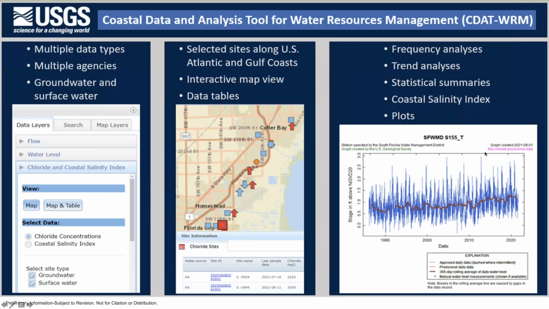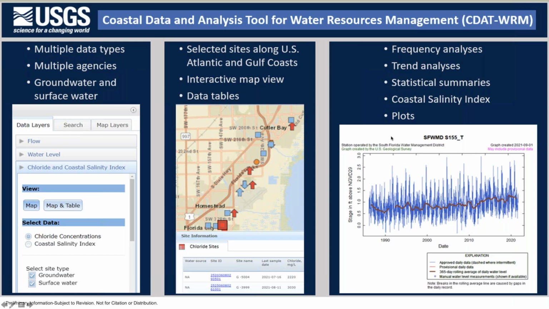So here's a quick overview of the Coastal Data and Analysis tool for water resources management. This is a new website which is being created to aid coastal water resources management. The prototype website combines groundwater, surface water, water quality data into one website. So it includes flow and water level and salinity or chloride, and then it also consolidates data from multiple agencies.